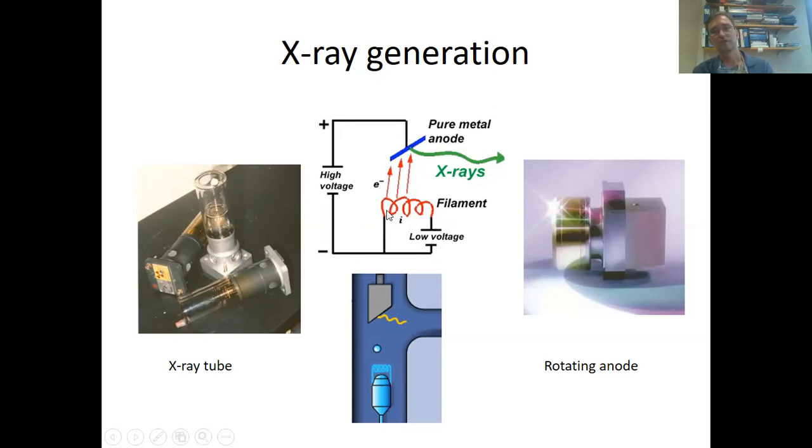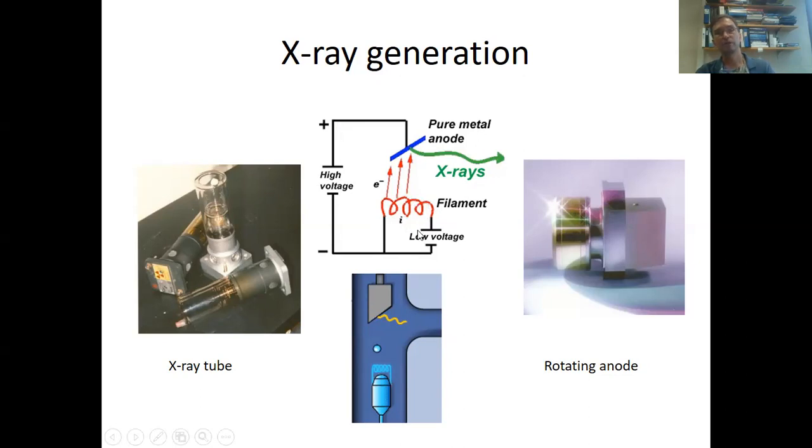So let us look at the low voltage circuit first. In the low voltage circuit, we produce a high current that heats a filament to a very high temperature. And due to that high temperature, electrons are being ejected.